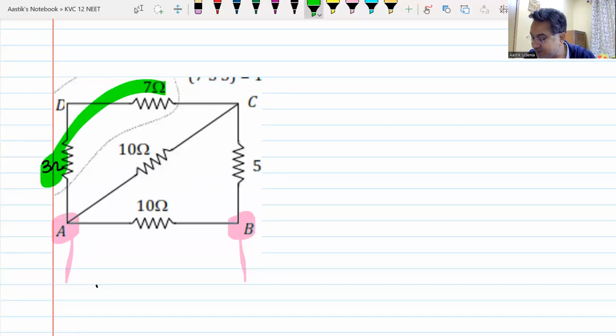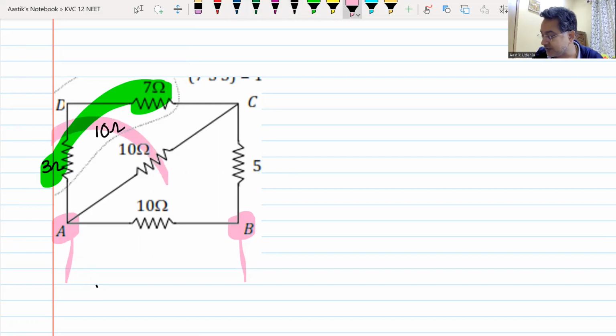This 3 and this 7 are in what type of combination? Series. So how much does it become? 10. Then this 10 and this 10 are in what type of combination? Parallel. So it becomes how much? 5.